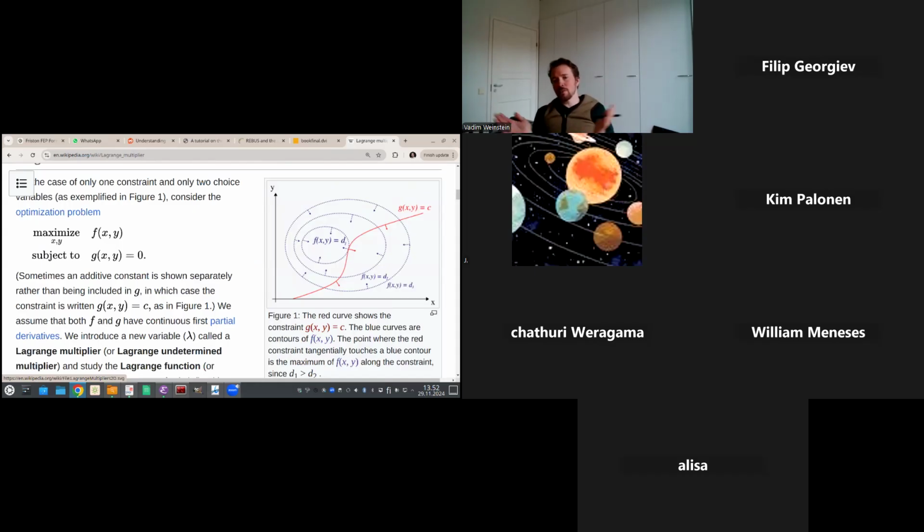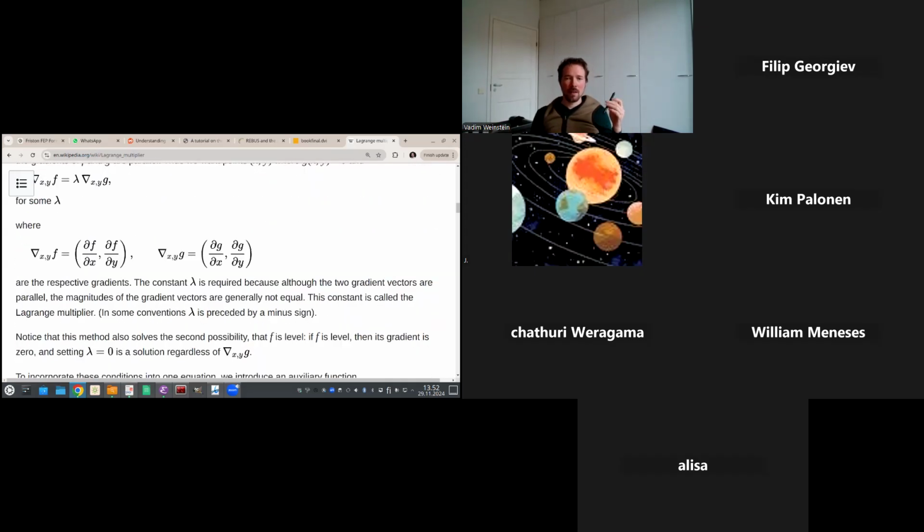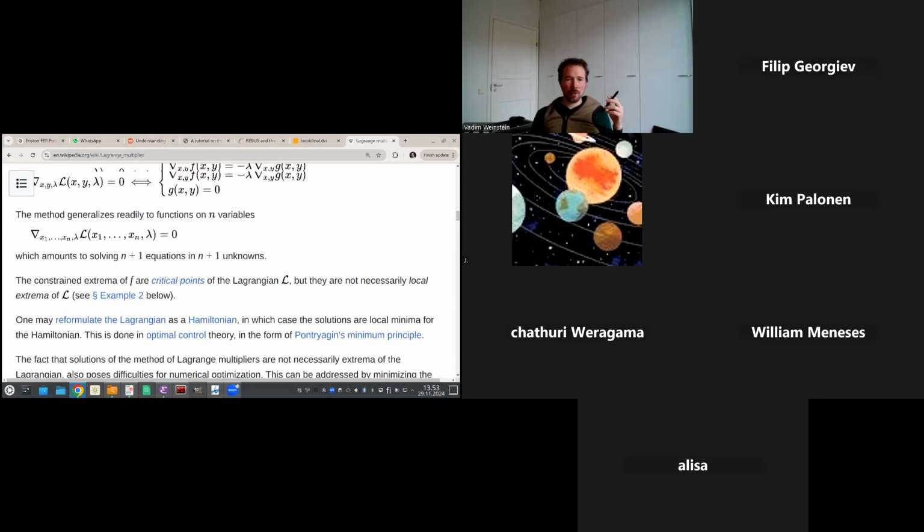So the perpendicular direction is always the direction of maximum gradient. It's a simple linear algebra argument with the Jacobians, which goes beyond this course, but intuitively you can see why that is the case. And so those two are equivalent.